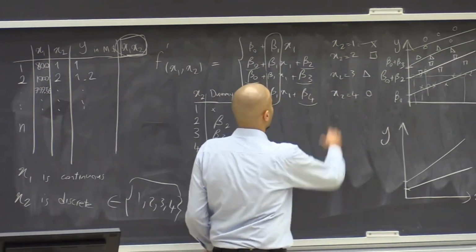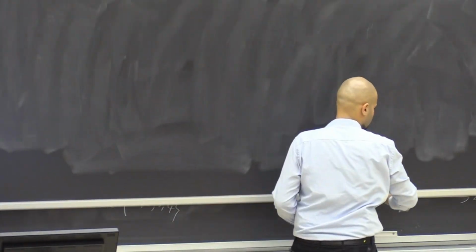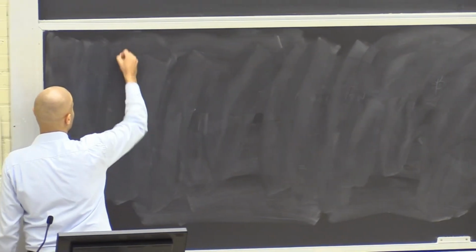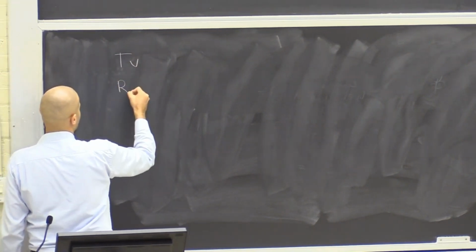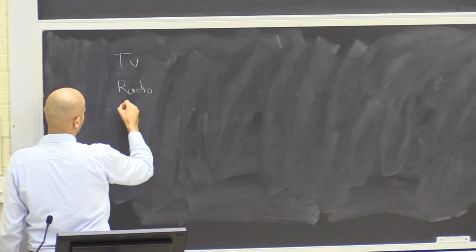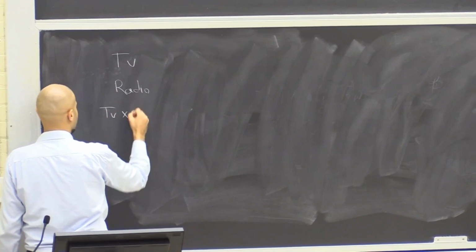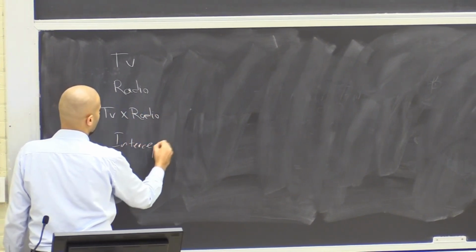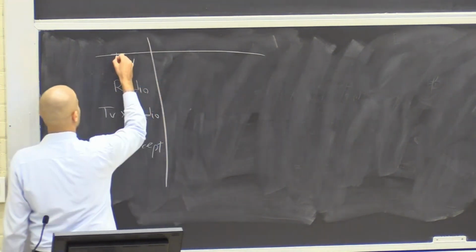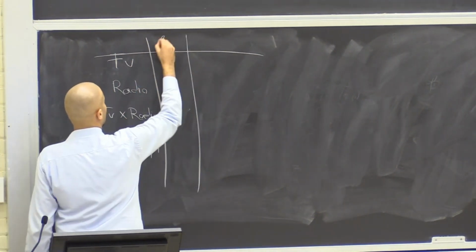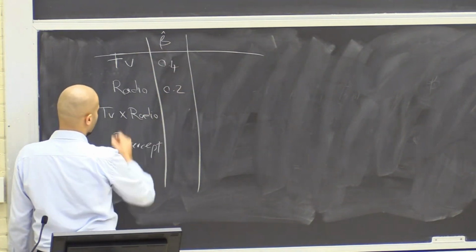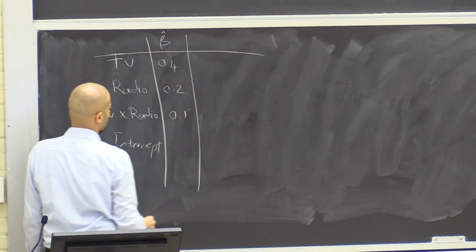All right, so now for models that have an interaction term. So let's go back to quantitative variables. There could be situations where we have TV, let's say radio, the intercept, as well as TV times radio. This is the variable that we just created. So when we look at the data, maybe we see that beta hat for TV is 0.4, for radio is 0.2, for TV times radio is also something.